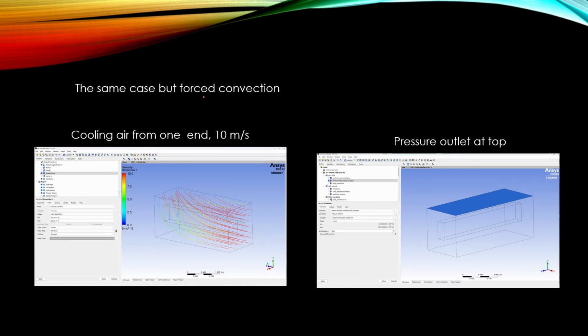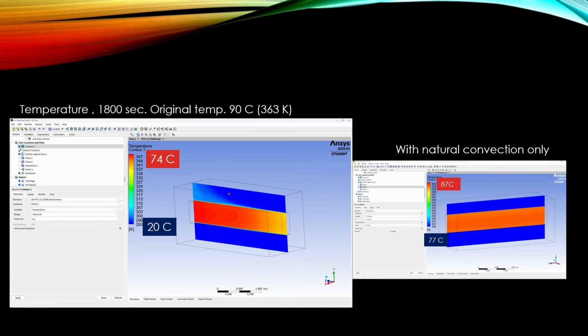Here we have the same case, but now we have forced convection. We are pushing air from this end, and we have a pressure outlet boundary at the top. Here we can see that at the end where the cooling air is coming in, the slab is cooling down much faster.